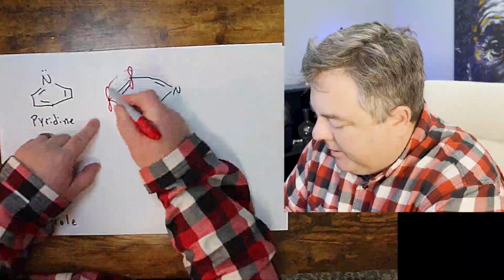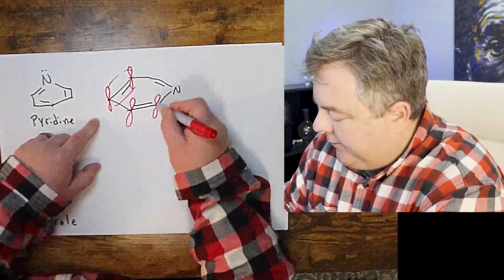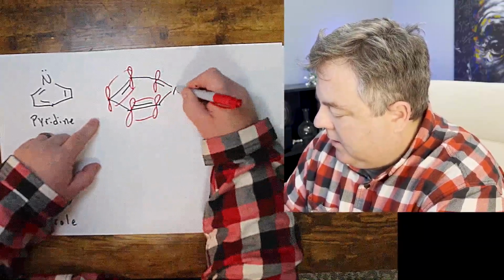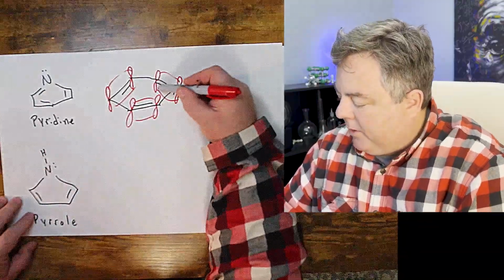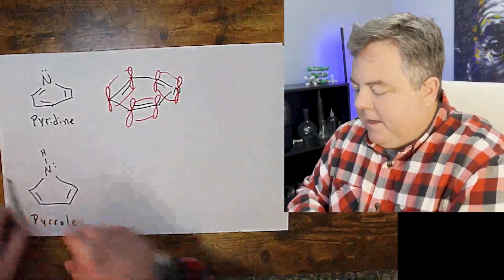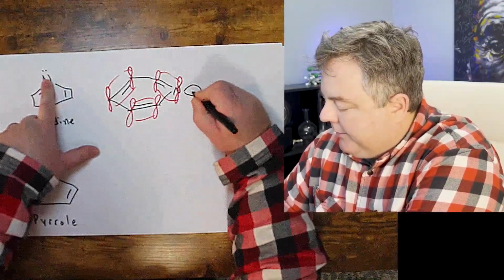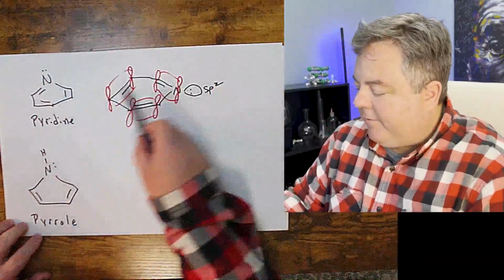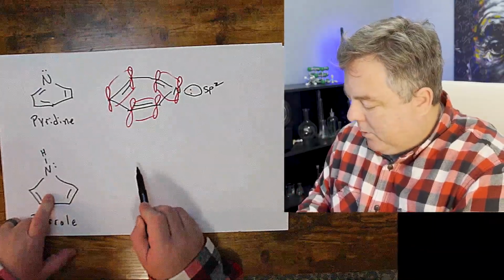So here's one pi bond that overlaps, holding those 2 electrons. Here's p orbitals for this pi bond holding those 2 electrons. And here's 2 p orbitals, a pi bond that hold these 2 electrons. I still haven't put my lone pair of electrons in yet. So they're in this sideways sp2 hybrid orbital. They are not involved in the pi system. They're sticking out sideways.